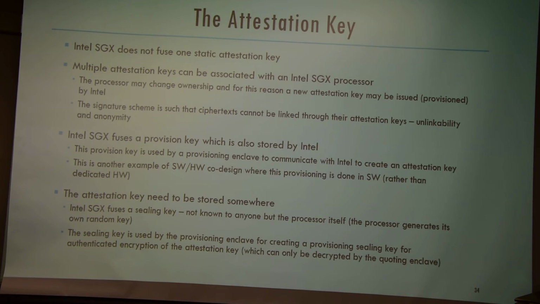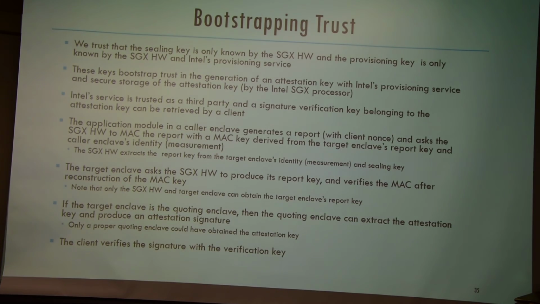So that's pretty cool. So let's think some more about bootstrapping trust. We trust that the sealing key is only known by the SGX hardware, right? And the provisioning key is only known by both the SGX hardware and Intel's provisioning service. These keys bootstrap trust in the generation of an attestation key with Intel's provisioning service.